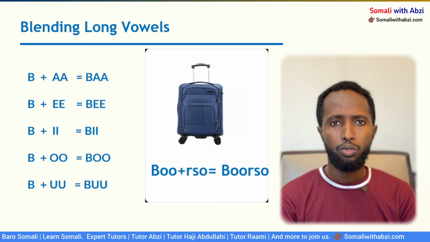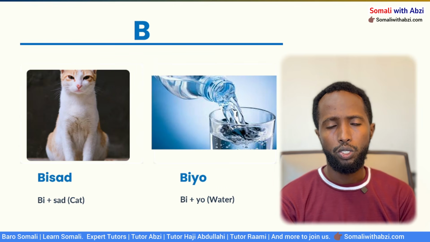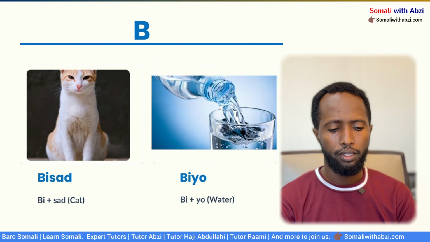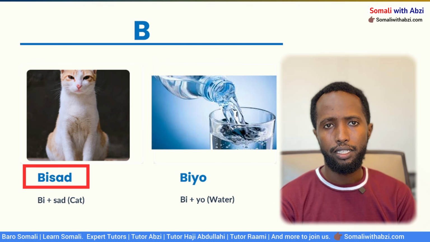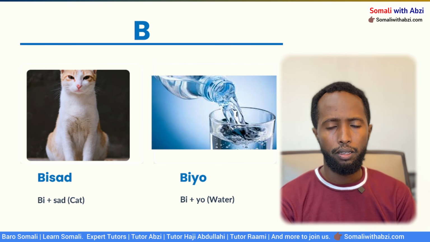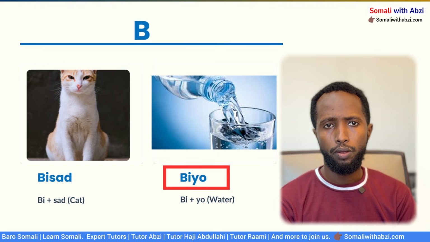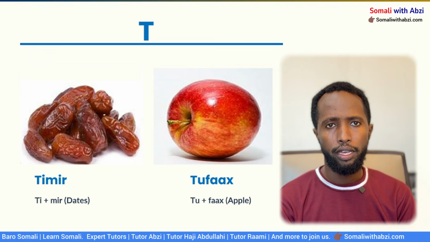And now it's time to learn a lot of Somali words, starting from the letter ba until ya. Let's start with the letter ba. Bisad, bisad. Biyo, biyo. And the next letter is ta.